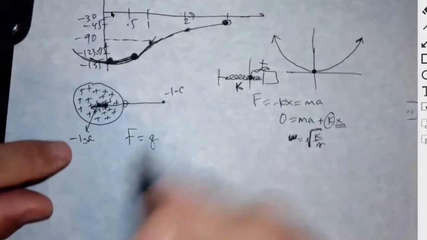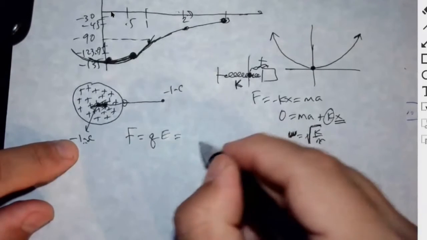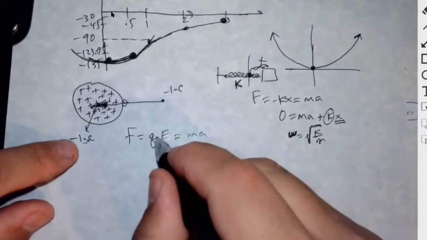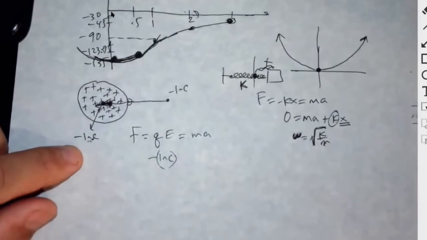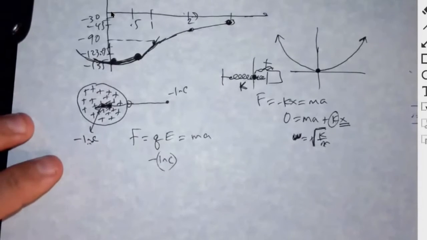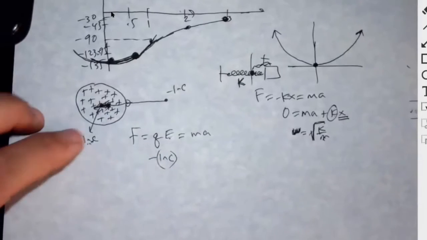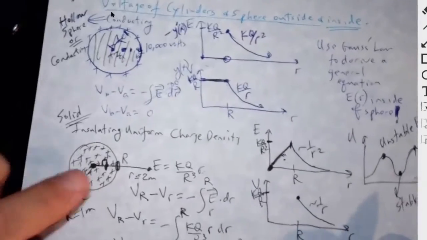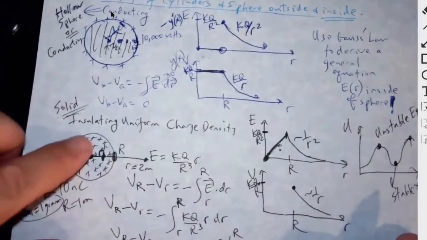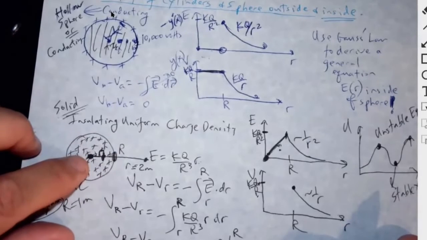It's equal to the charge of it times the electric field it has, and that's equal to Ma. The charge of it is negative 1 nanocoulomb, right? And then the electric field is what? Over there. Let's see. This one was a uniformly charged sphere, right?